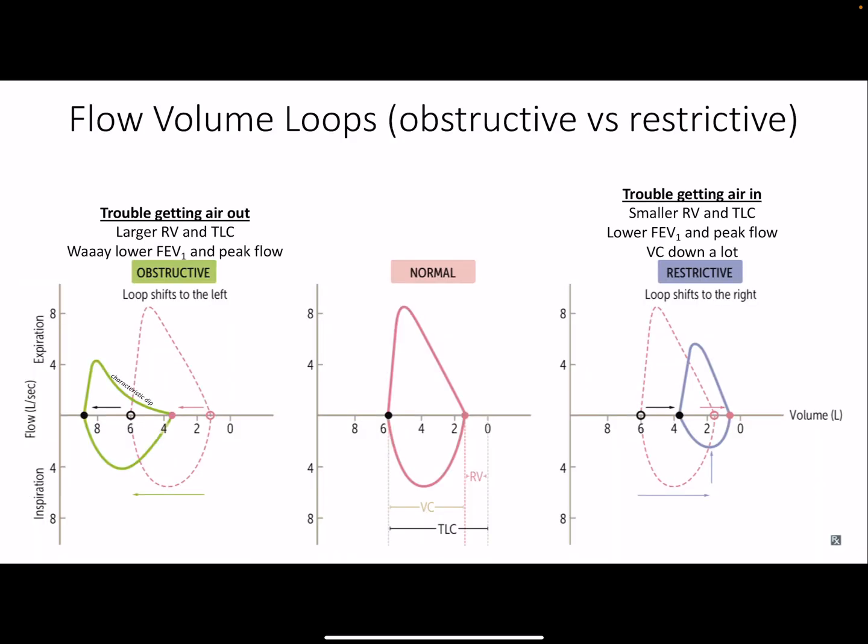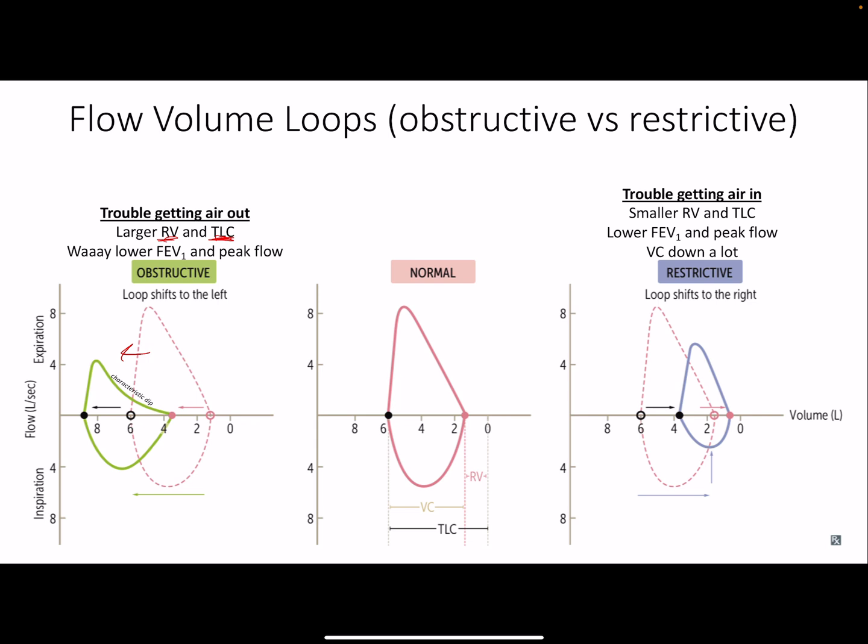This is the main thing to emphasize, that obstructive lung diseases are really just going to shift our spirometry loop to the left. Emphysema, we're going to have increased lung capacity, more air in the lungs. You're going to see this on a chest X-ray with increased radiolucency, especially an increased residual volume. I really want to emphasize that.